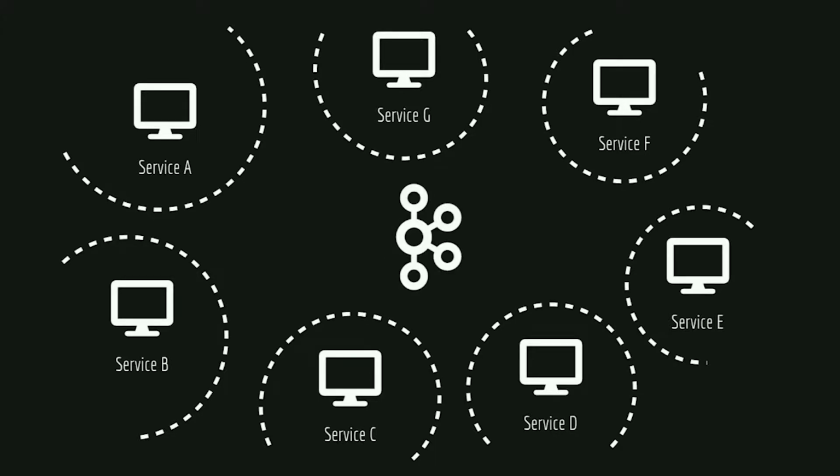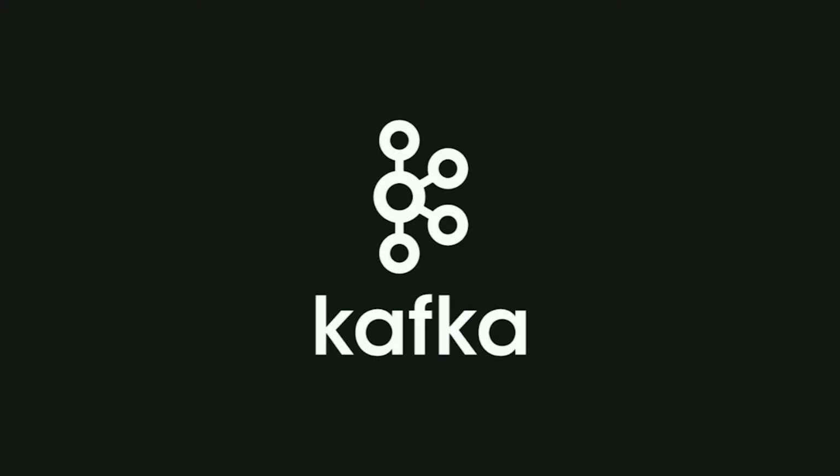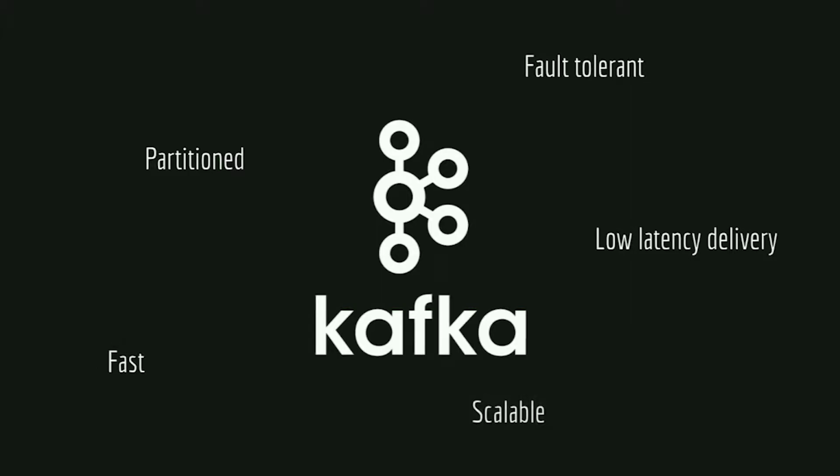We decided to use Kafka in the middle because Kafka is really nice and it works really well with this kind of situation, because it is distributed and designed to be fault tolerant, and you can always create new brokers and add them to the cluster in order to scale and handle your load.